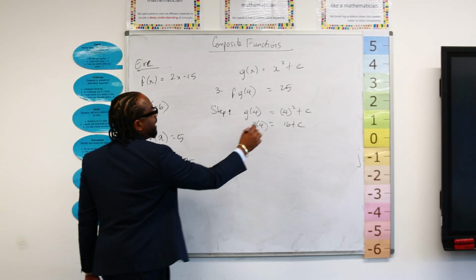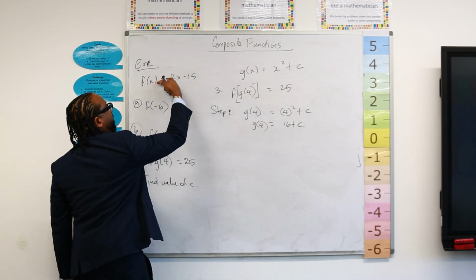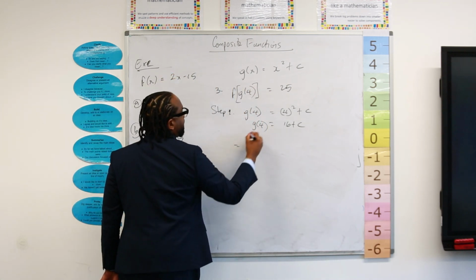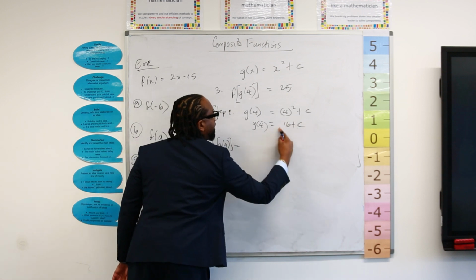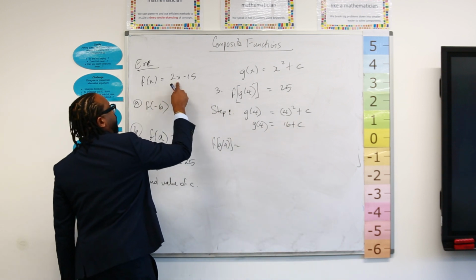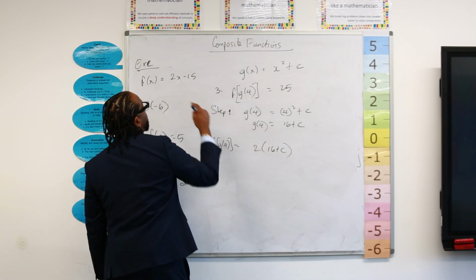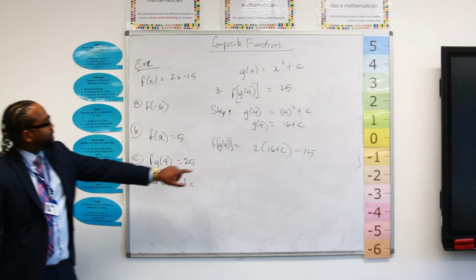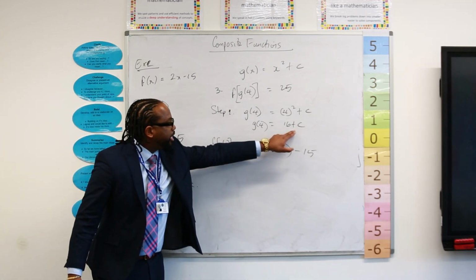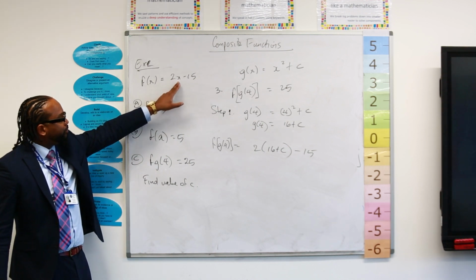I am then going to take this expression and substitute it into my f function. So it becomes f of g of 4, and it becomes 2 brackets 16 plus c, close the bracket, and that's minus 15. So again, I'm taking my expression of g of 4 and substituting it into my f function.